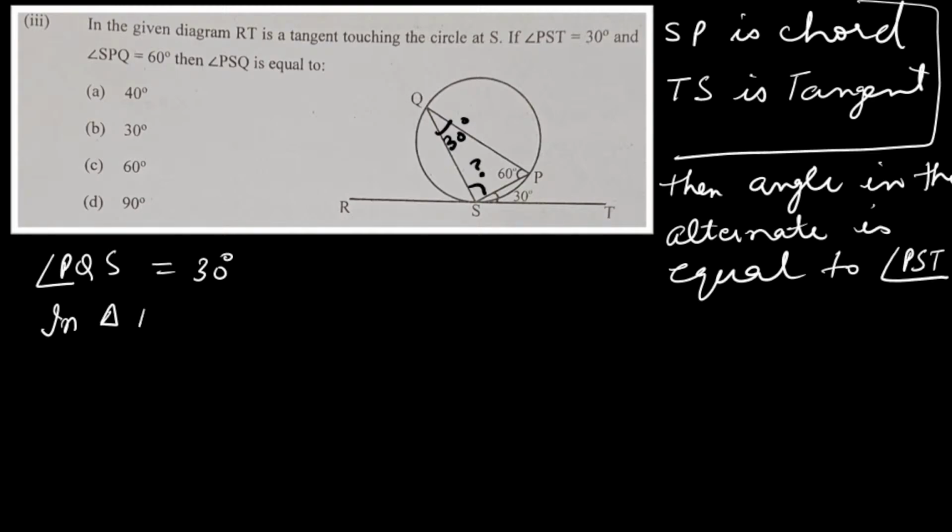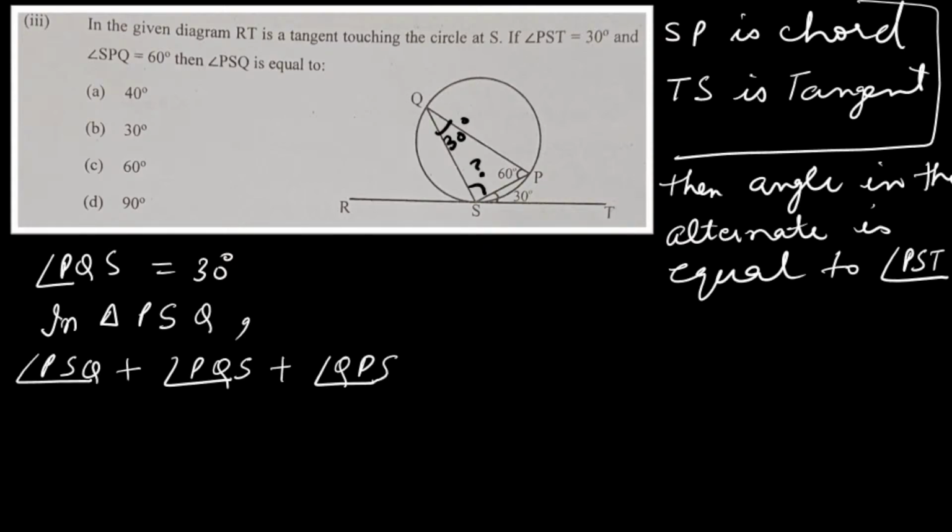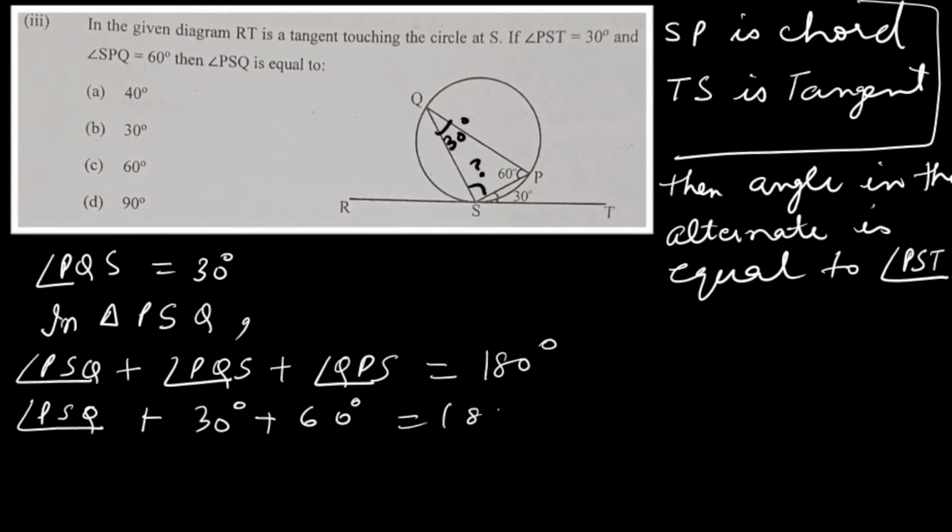So in triangle PSQ, angle PSQ plus angle PQS plus angle QPS is equal to 180 degrees. So PSQ we have to find. PSQ as it is, plus Q angle is 30 degrees and P angle is 60 degrees, is equal to 180 degrees.